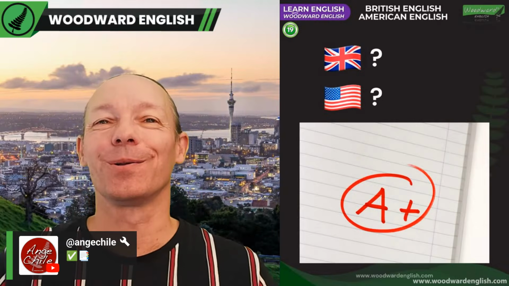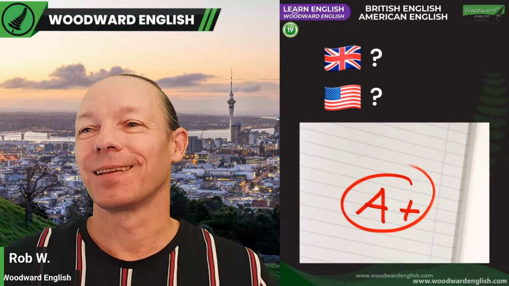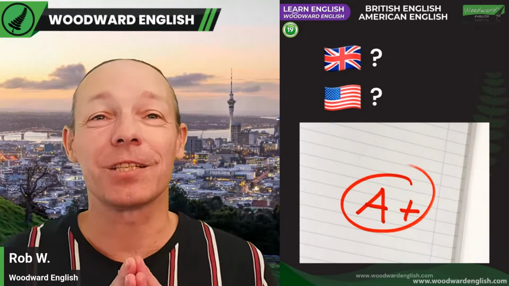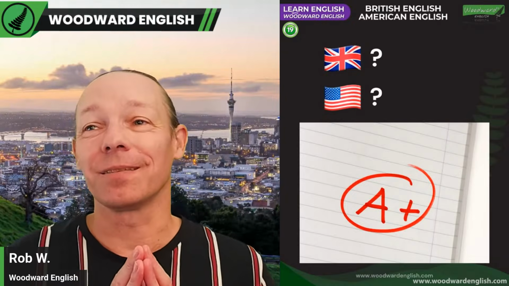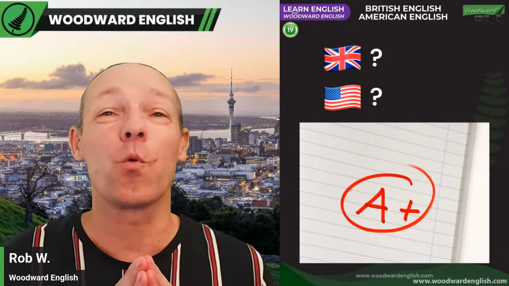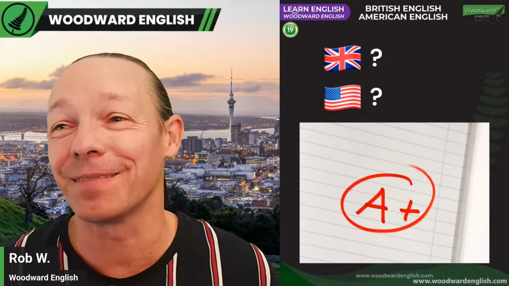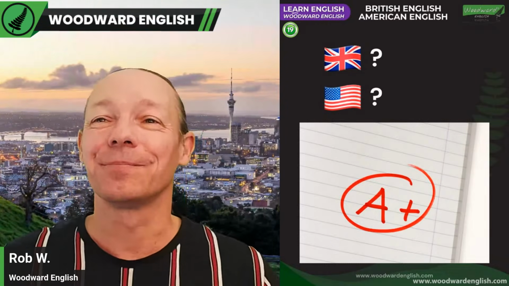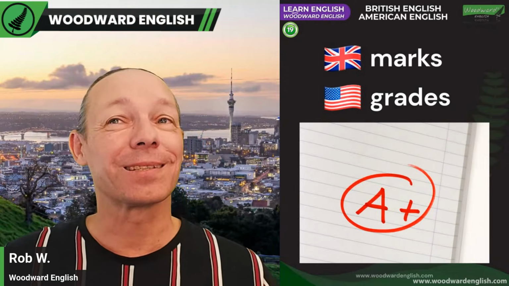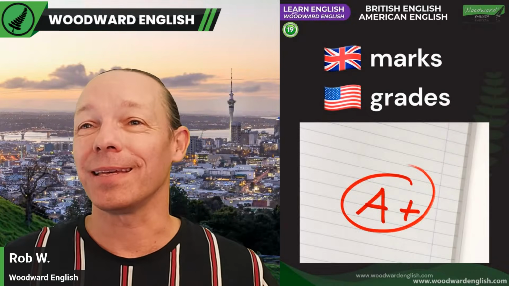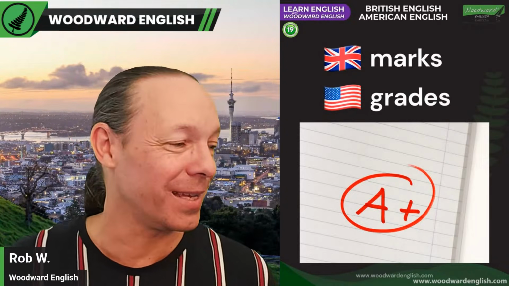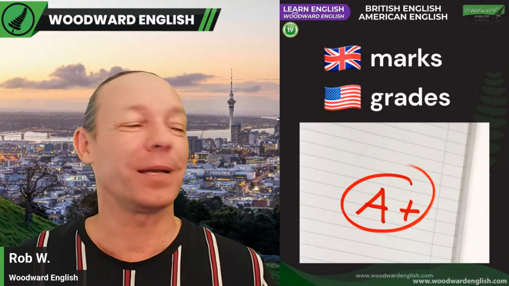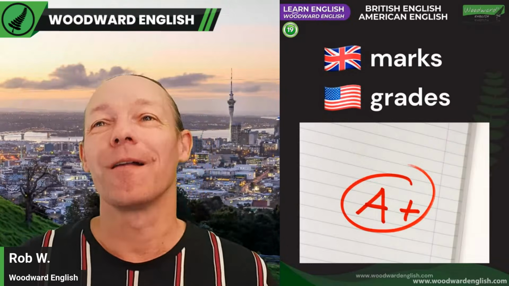For everyone that's just joined in, the text is not working, so we're having to explain everything with emojis in the chat. So these are your marks or your grades. There are two different ways of saying this, marks or grades.